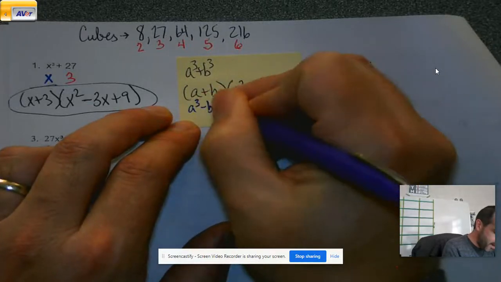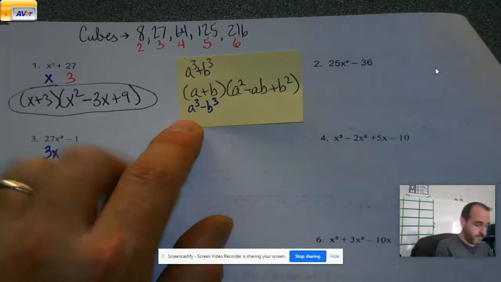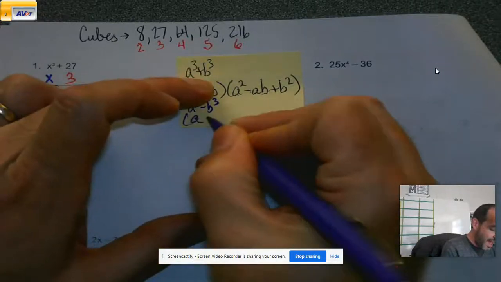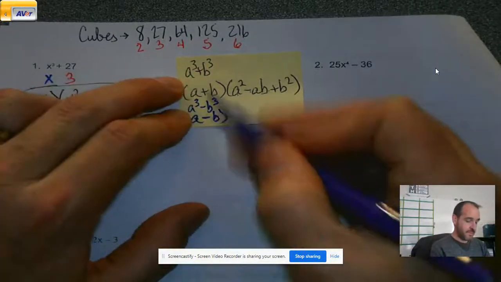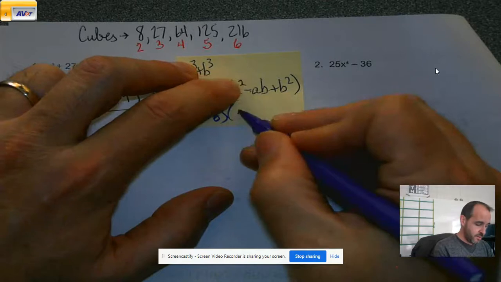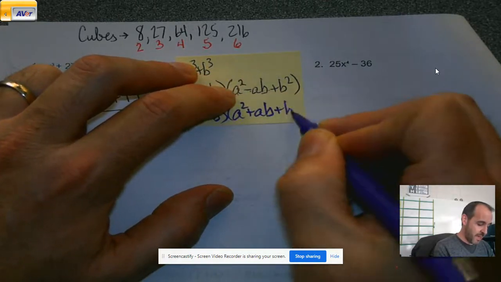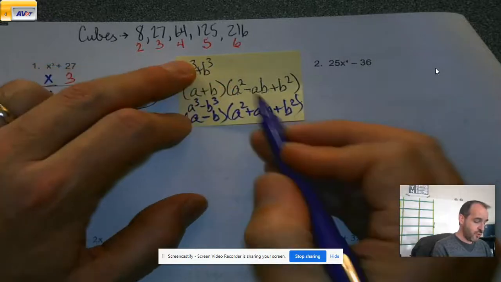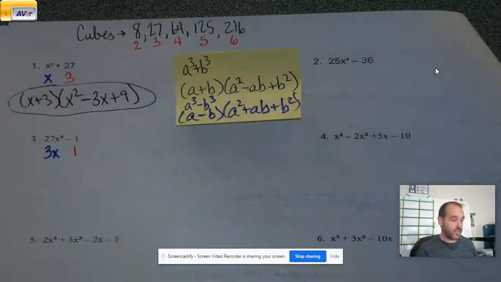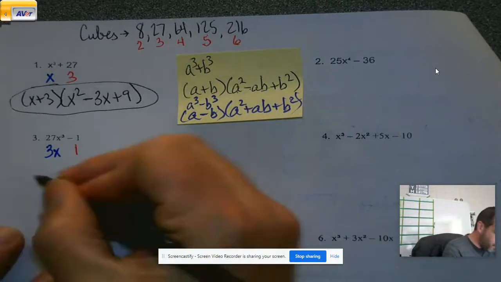Okay, if it's a difference of cubes, we're going to do a minus b, sign change, a squared plus ab plus b squared. So notice the plus and the minus, those first two swapped, is all that's really going on. Other than that, we're going to follow it along.